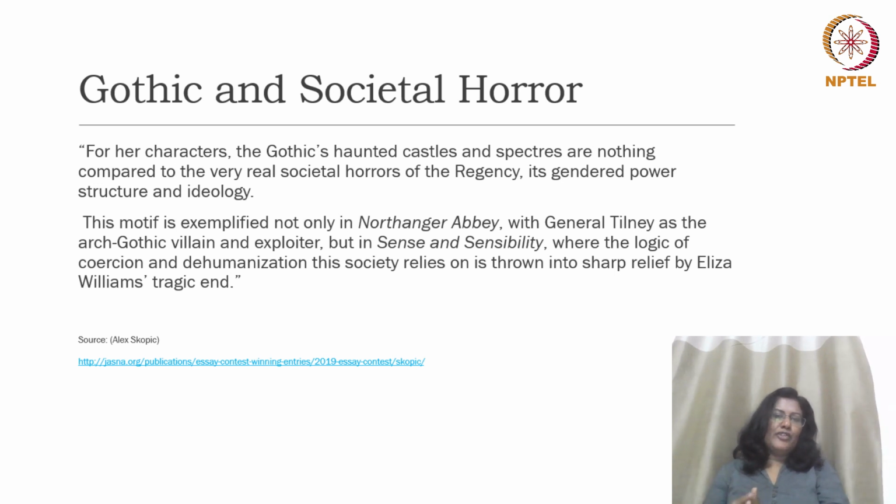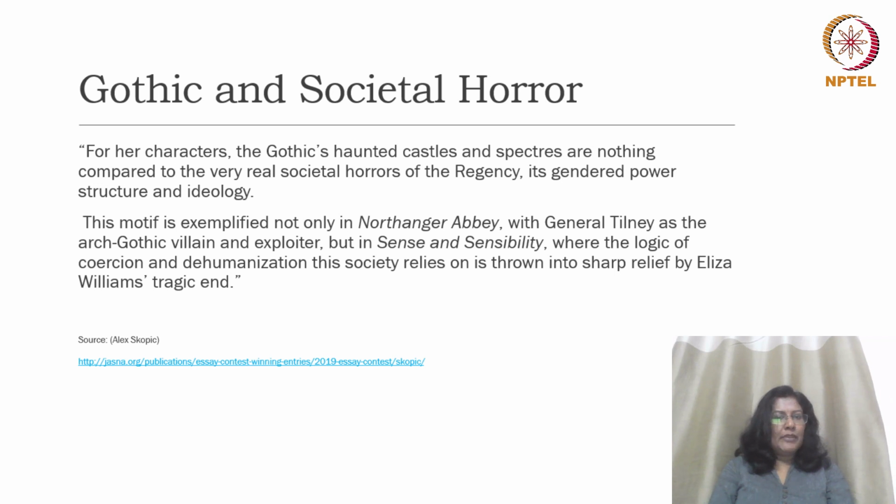That horror was produced by the reality of society, and that horror gets captured in this parody. So while she is parodying, mocking, satirizing the Gothic conventions, she is also capturing the terrors in society and using those terrors to scare the Gothic heroine, quote unquote, which is Catherine Morland.